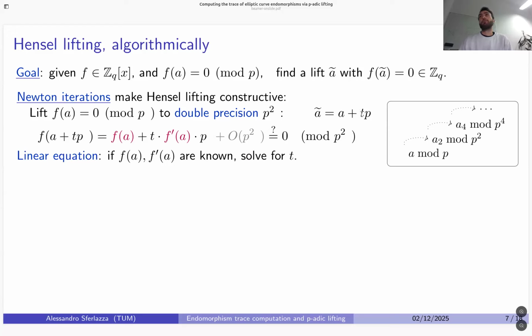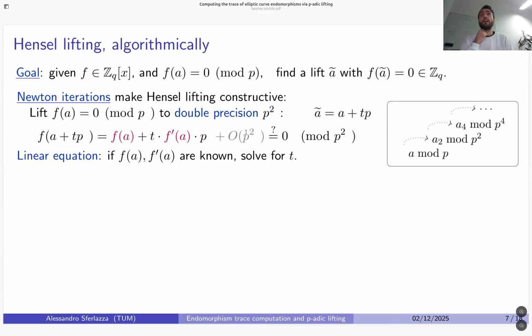How do we decide which multiple is the correct one? Well, we must impose that the lifted element, so this a plus tp, is also a root of the same polynomial. And since that is a polynomial, we can expand it using Taylor's expansion.